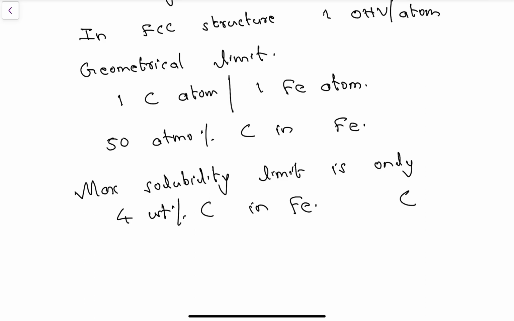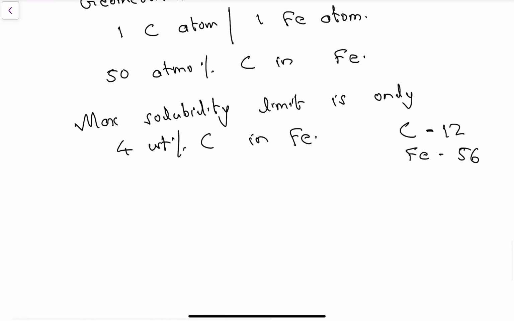Carbon has an atomic mass of 12 and iron has an atomic mass of 56. So if you compare at the atom level, the ratio of the mass is somewhat equal to 4. That means it will be about 16 atom percentage of carbon.